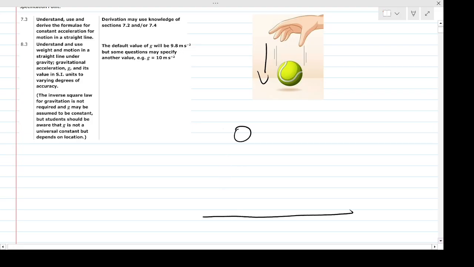Particularly when the only thing pulling this object downwards is its weight, its gravity, with no air resistance or any other forces, just the thing pulling it down.